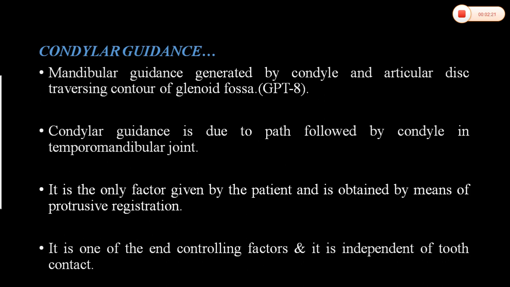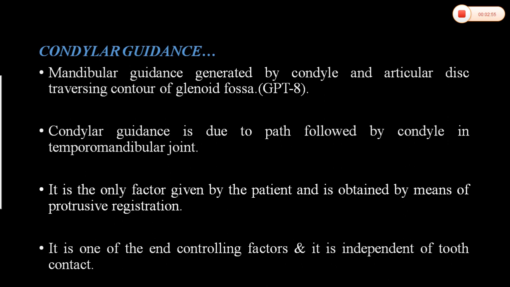As we know, the condyle is a part of the temporomandibular joint. When the patient opens the mouth, first the condyle rotates along a hinge axis. So rotation takes place, meaning movement of the condyle on its own axis. As you open the mouth further, it translates, or moves forward along the articular eminence.